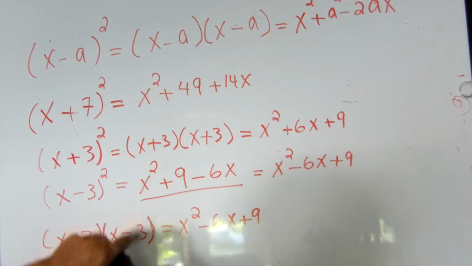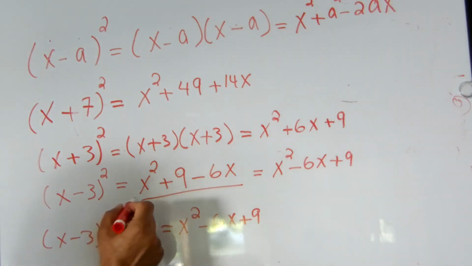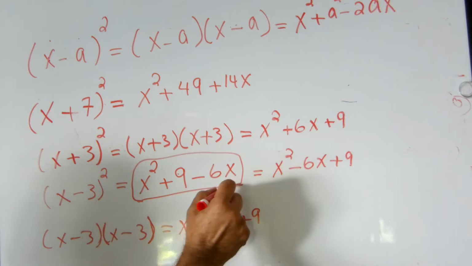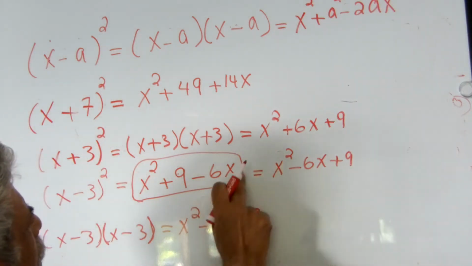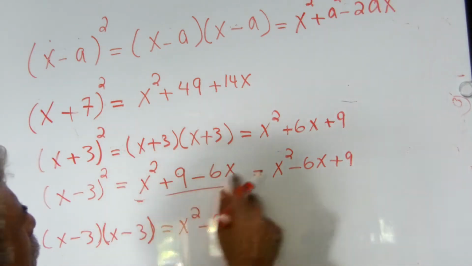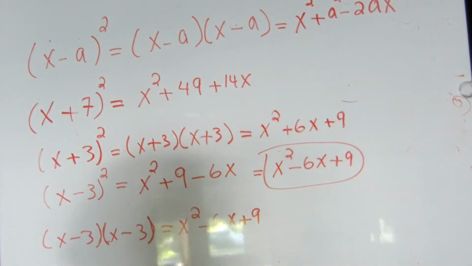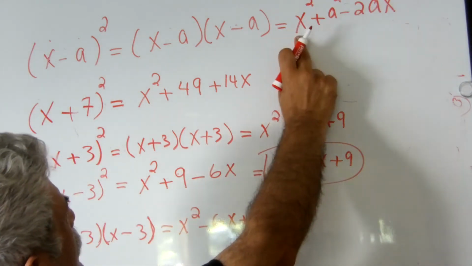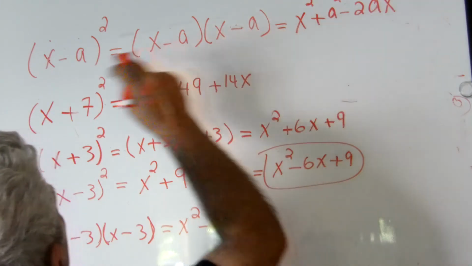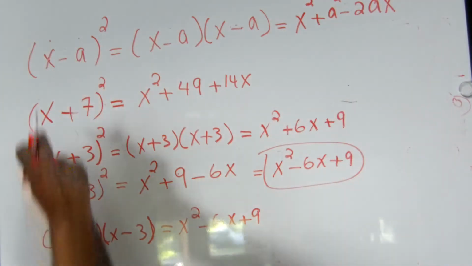But we could write it with the rules there. This one follows the rules: the first item squared, plus the second item squared, minus 2 times the first one times the second, if there is a minus.